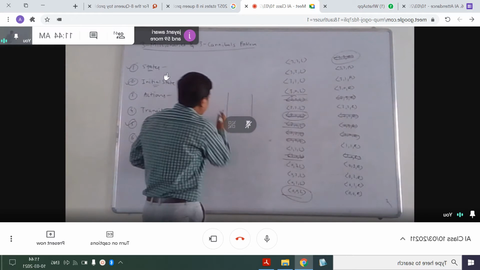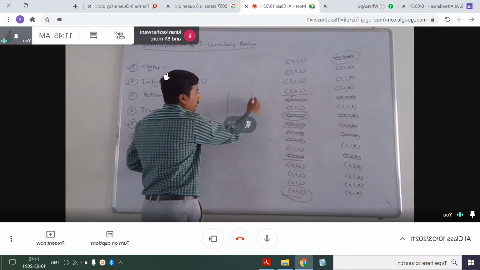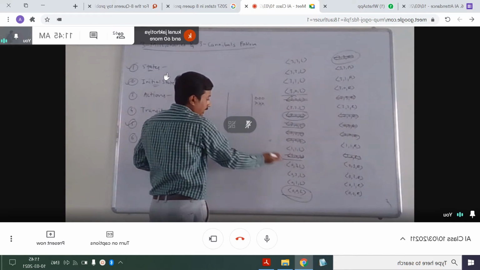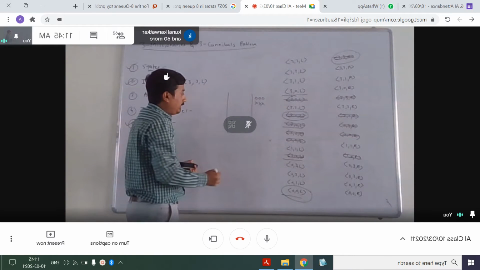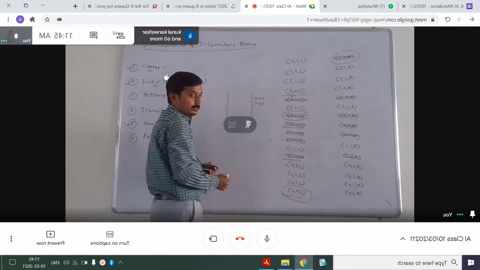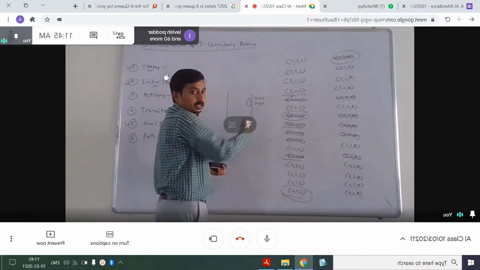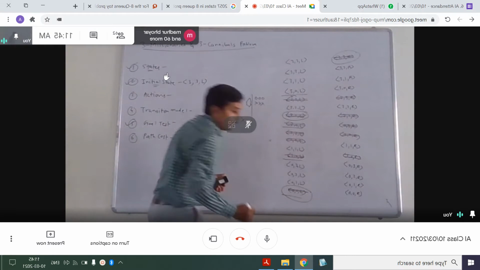Zero zero means zero number of missionaries, zero number of cannibals. That means we will have missionaries and cannibals on this side, and L means the boat is on the left side. So we cannot have this, right? Ultimately, in the last ride, the boat will be on the right side, right? Again, this is not possible.